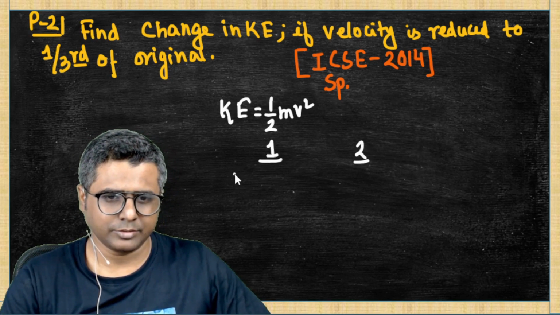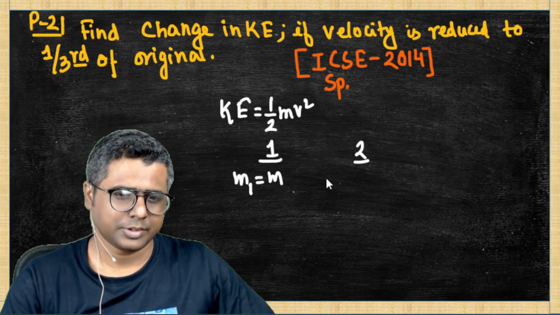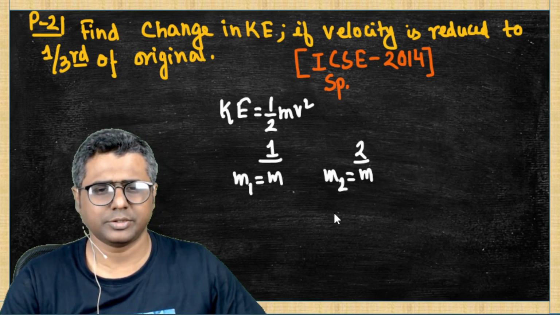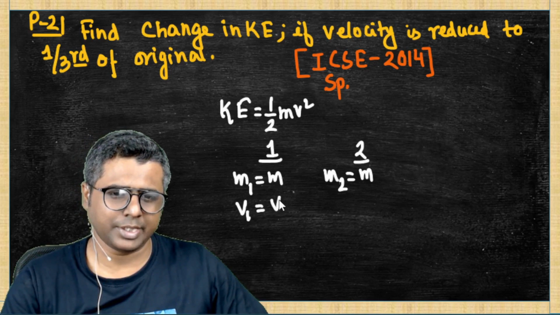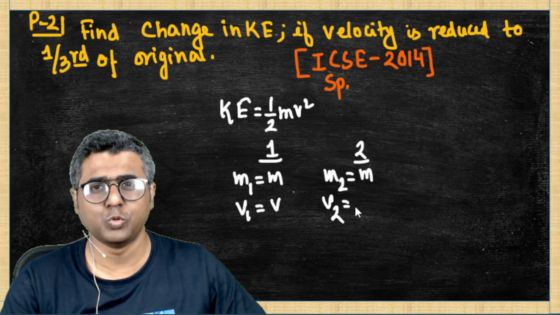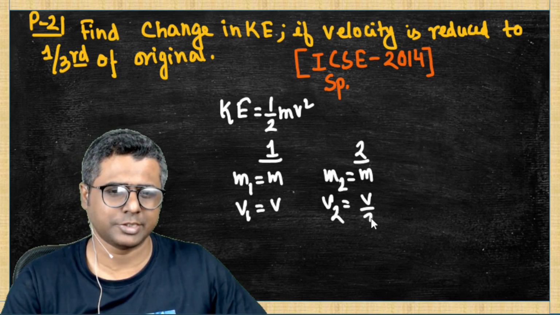In case 1 the mass is m. In the second case the mass is also m, because the mass hasn't changed. Velocity in case 1 I am taking as v, and velocity in case 2 has been reduced to 1/3 of the original, that is v by 3.